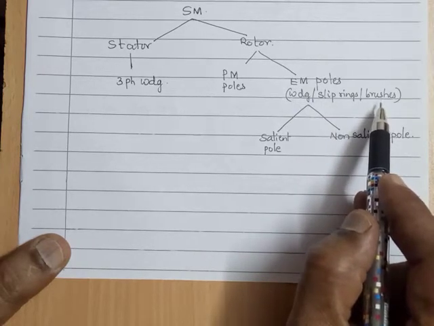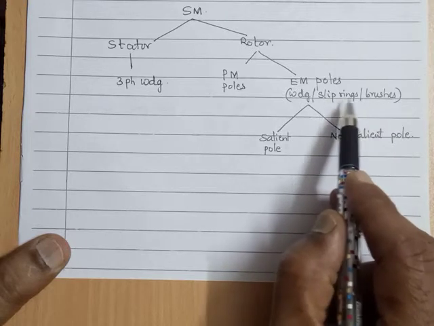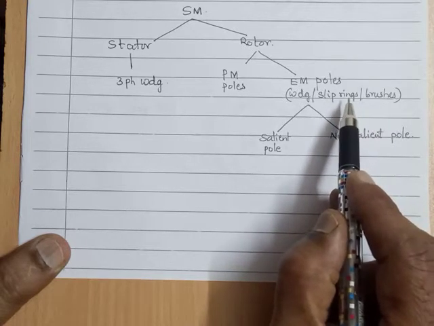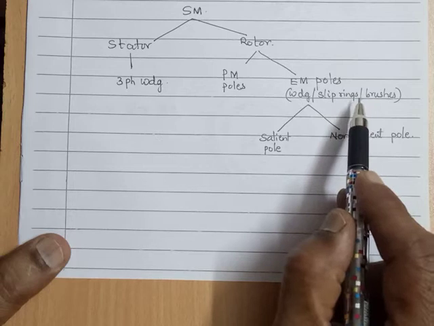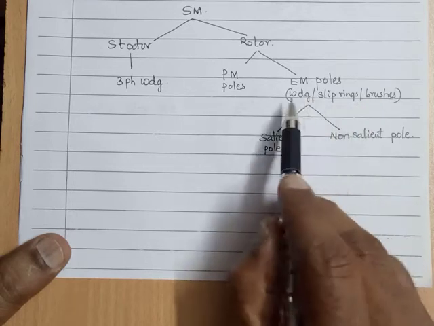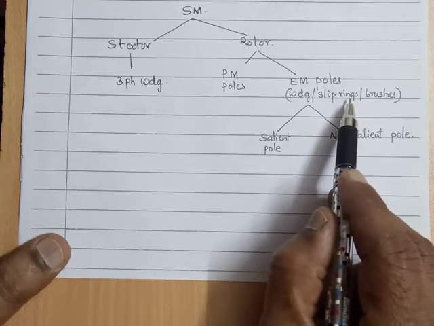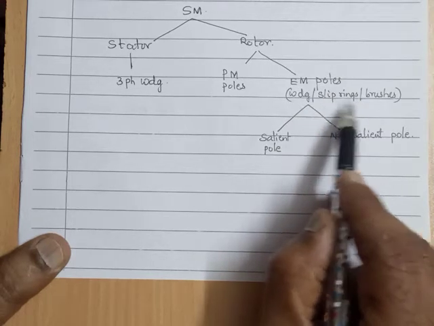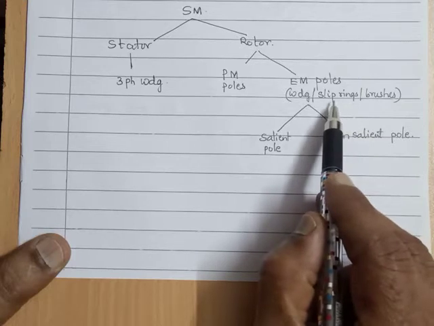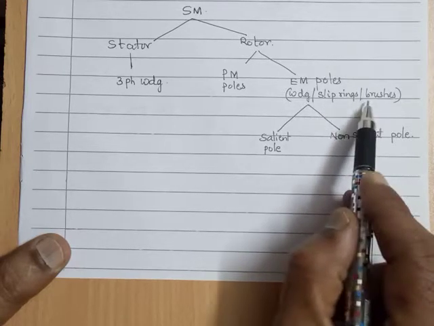Hope you are catching this, because the electric contact is to be maintained even when the rotor is rotating. That current is to be passed through this winding even when the rotor is rotating. Are you able to appreciate this? That is the important aspect to be noted.